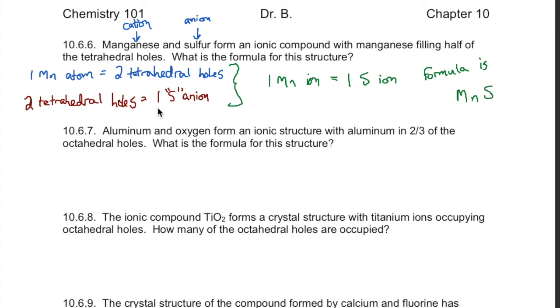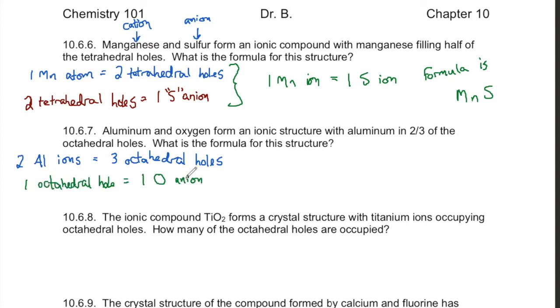All right, this next structure, we have aluminum in 2/3 of the octahedral holes. So for every 3 octahedral holes, 2 of them, 2 out of every 3 holes, are filled with aluminum ions. Then from the structure, a closest packing structure has 1 octahedral hole for every anion. So every 1 oxygen anion has 1 octahedral hole.